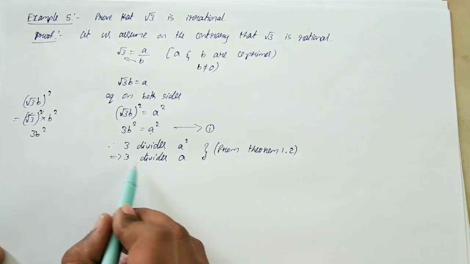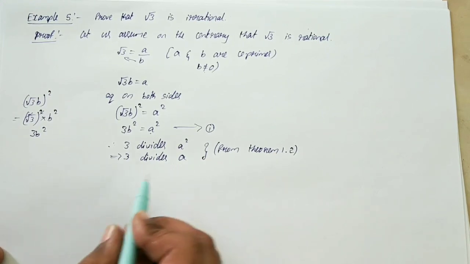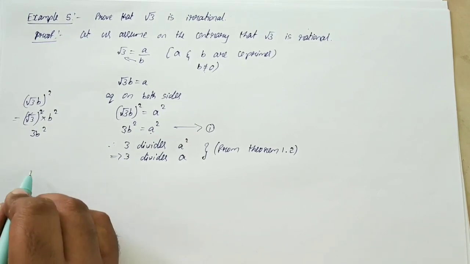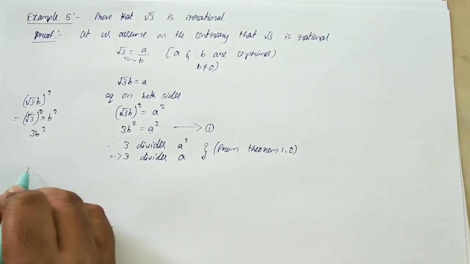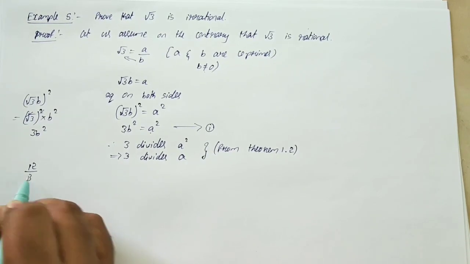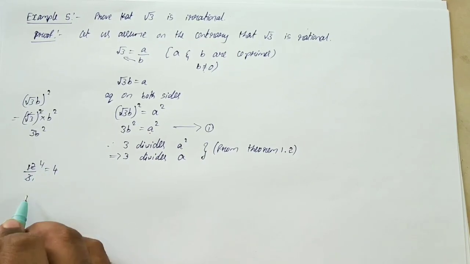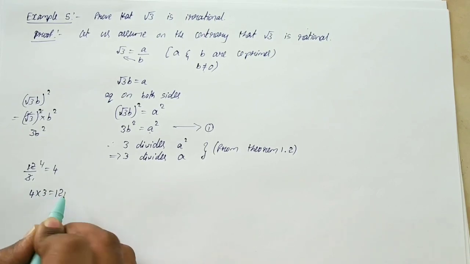So next, if 3 divides a, we will get some integer, right? So if we multiply that integer with 3, then we will get a. For example, let us consider this a as 12. So if we divide that 12 by 3, then we will get 4. Right? That means if we multiply this 4 with 3, we will get 12.